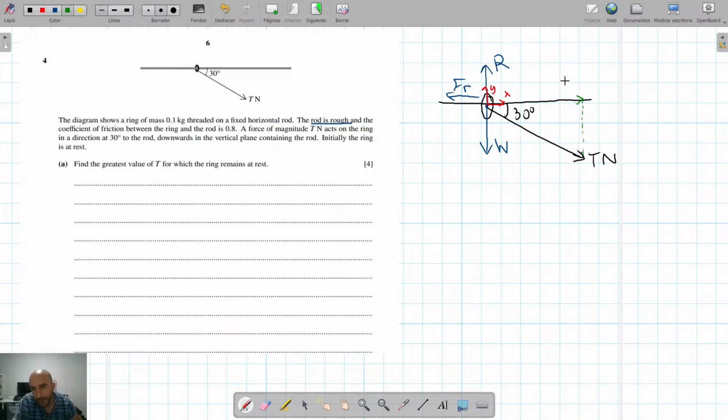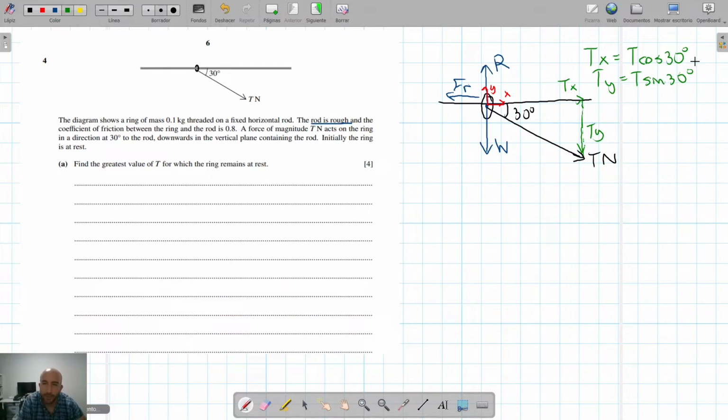So we have really a T in the x-axis and a T in the y-axis, where Tx is T cosine of 30 because it's beside the angle, the contiguous side, and Ty is opposite, so it's with a sine. Okay, that's the first thing we have to do.